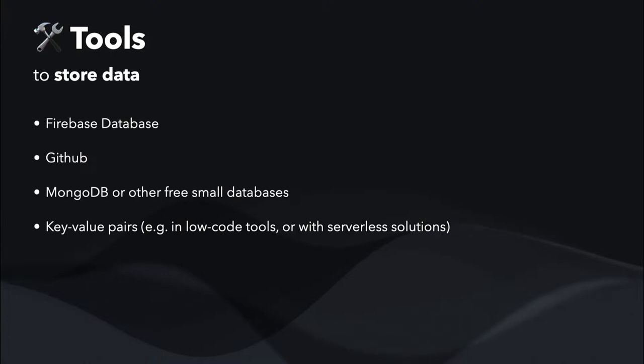Sometimes those providers give you a key value pair that you can store some data and read it between serverless runs, for example. And also, if you use some low-code tools, they also sometimes support a really basic database for your tools.